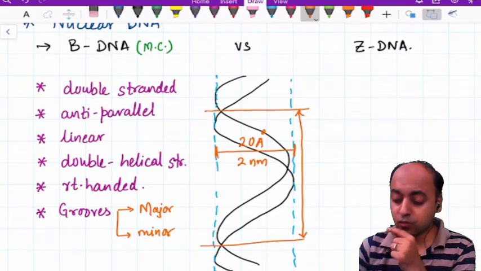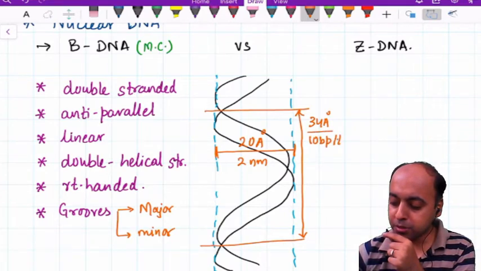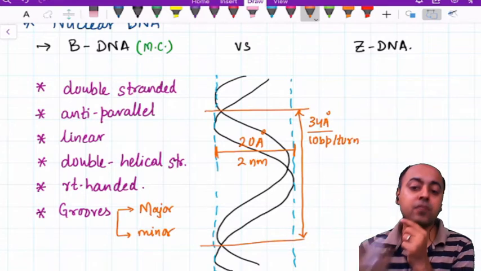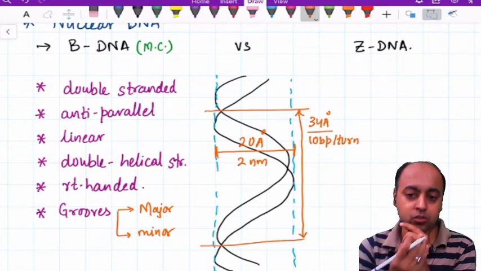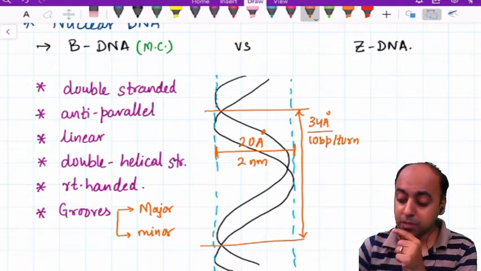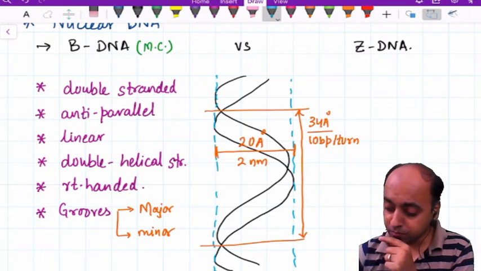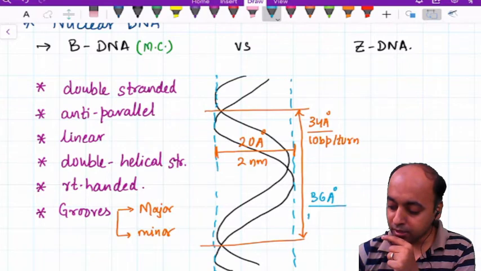Most of the books will mention 34 Angstrom containing 10 base pair per turn, but this is an approximation to simplify it for the UG level. Please note, although your MBBS books will mention the 34 Angstrom or 10 base pair per turn, the more correct answer should be 36 Angstrom having approximately 10.5 base pair per turn.